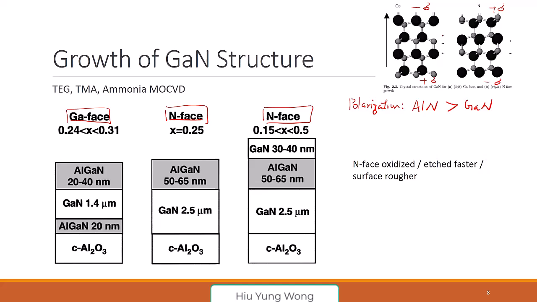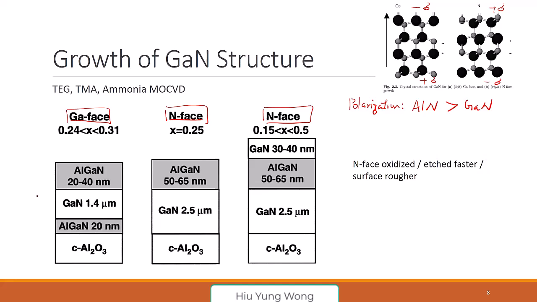Now, let's see how we grow our structure. For gallium nitride, for example, let's only pay attention to gallium nitride here. So on the top, what charge do I have at the top of the gallium nitride when it is gallium phase? Negative.